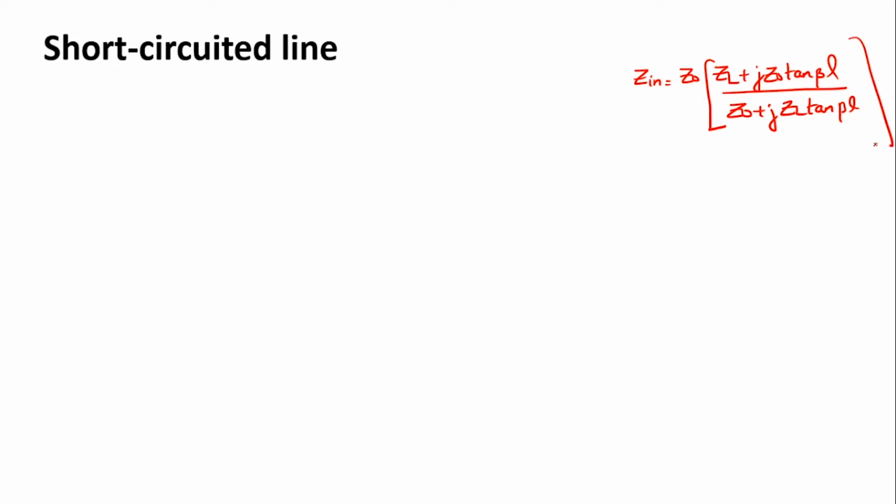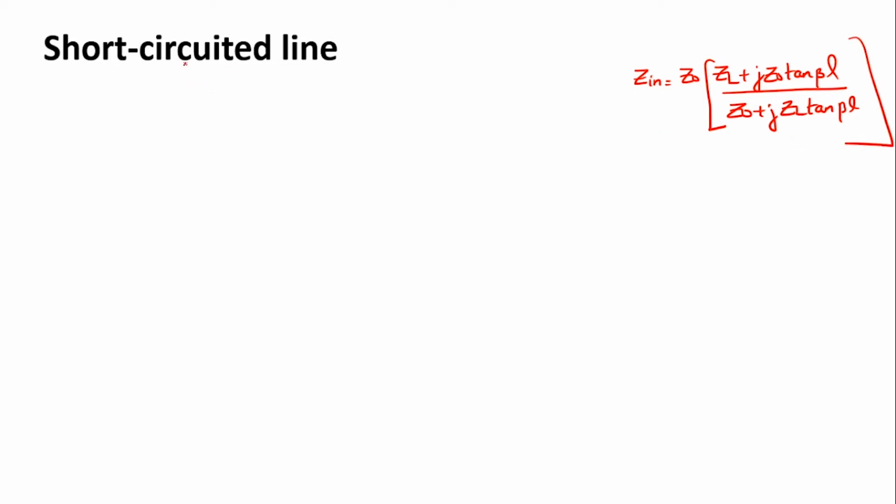First, let's consider a short circuited line. We know that the input impedance value is Zin equal to Z0 into (ZL plus jZ0 tan βL) divided by (Z0 plus jZL tan βL). You know this.